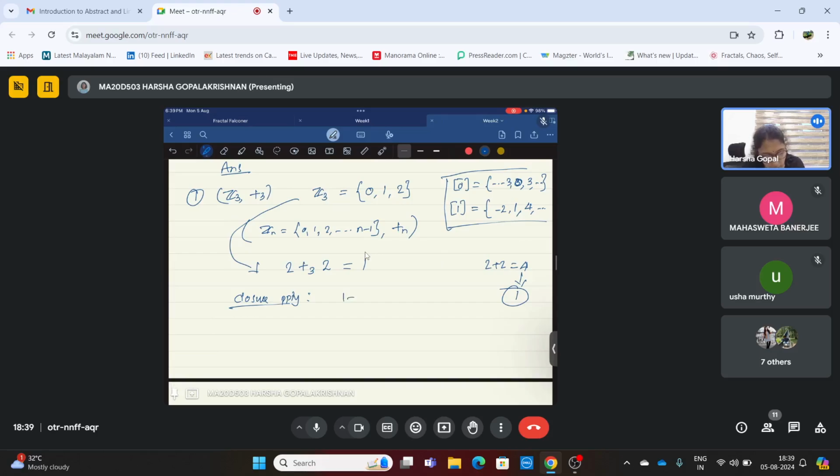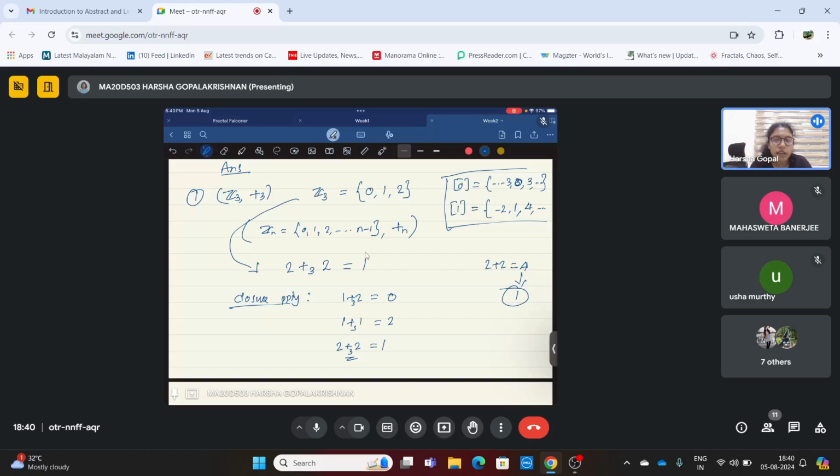For example, 1 plus 2 gives 3, but it should equal 0 because 3 divided by 3 gives remainder 0. 1 plus 1 is 2. If I do 2 plus 2, it is not 4. If you think 2 plus 2 is 4 and not in the set, that is wrong, because we have addition modulo 3, not usual addition. Under addition modulo 3, 2 plus 2 is actually 1.